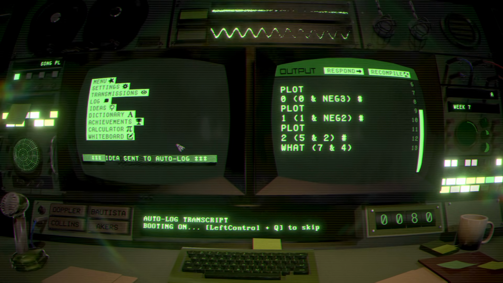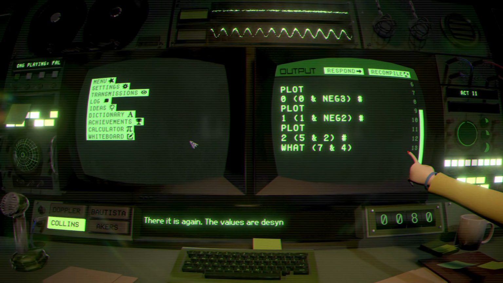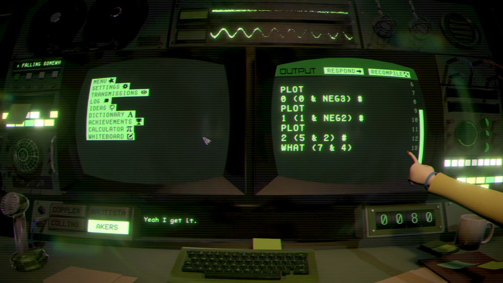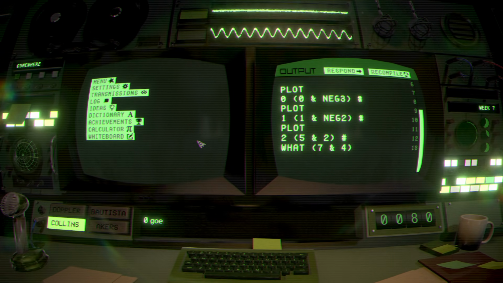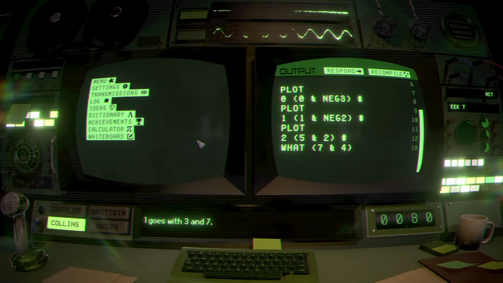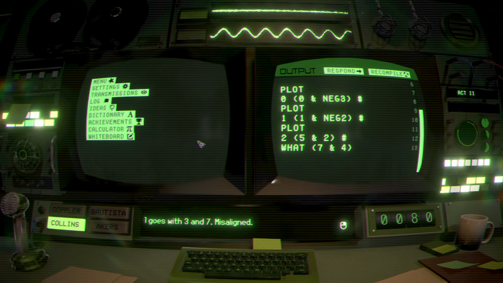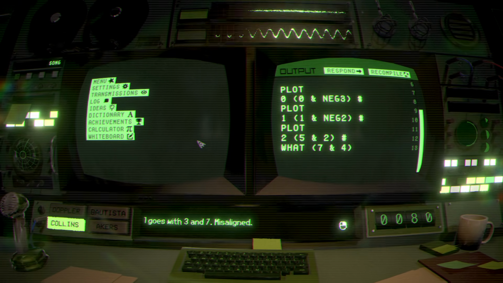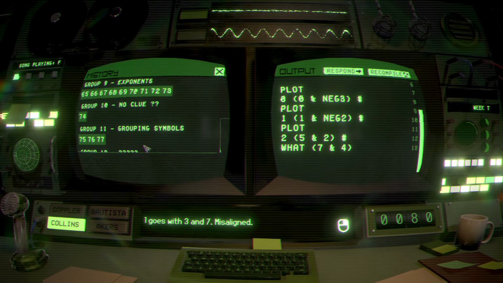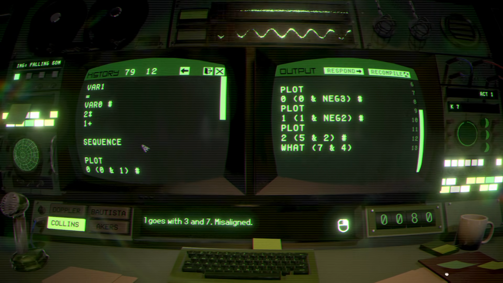What's the idea here? There it is again. The values are desynchronized. Yeah, I get it. It's either aligned or something. 0 goes with 0 and 1. That's fine. 1 with 3 and 7. Oh, I'm sorry. They're talking about farther back.